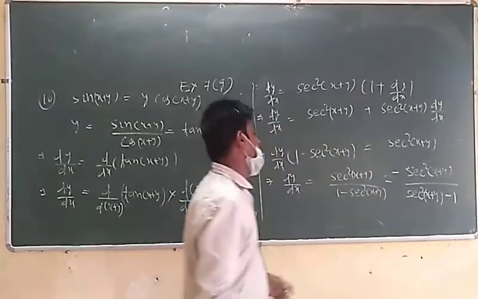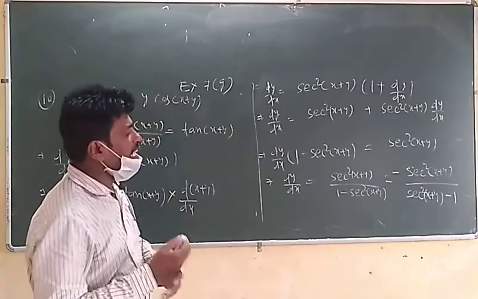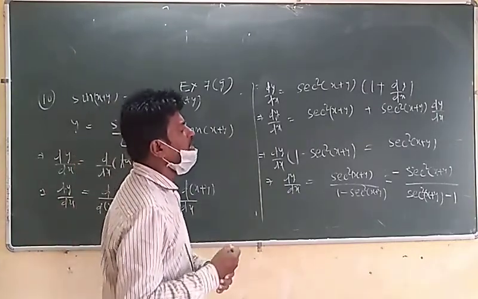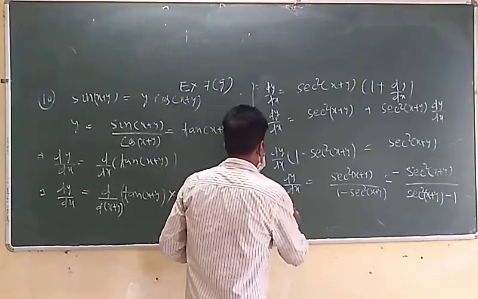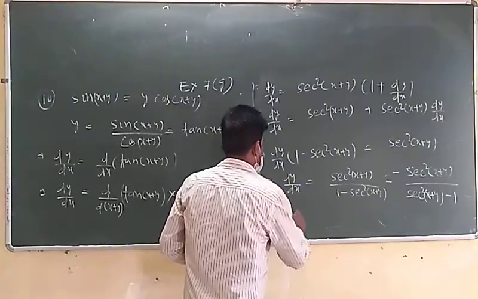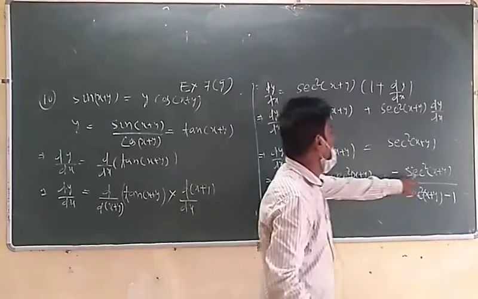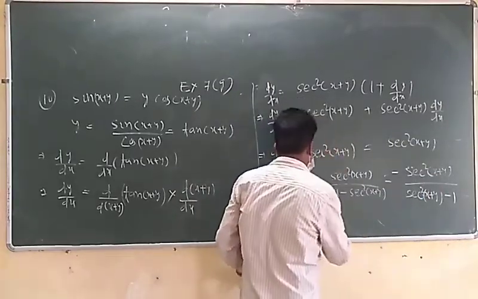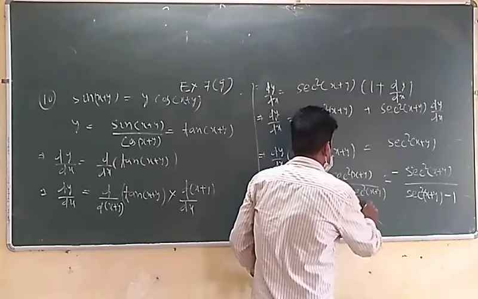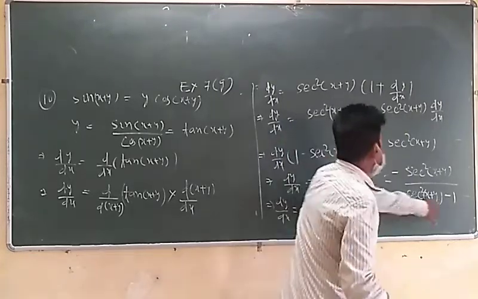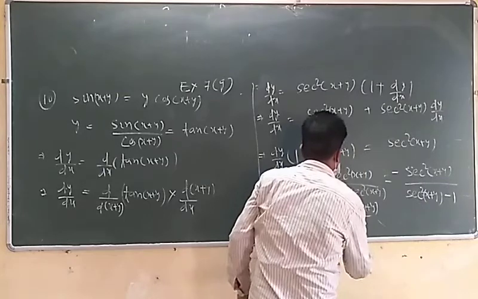We know that sec²(x + y) - 1 = tan²(x + y). So dy/dx = -sec² theta divided by tan² theta, that is -(1 + tan² theta)/tan² theta, where theta is x + y.